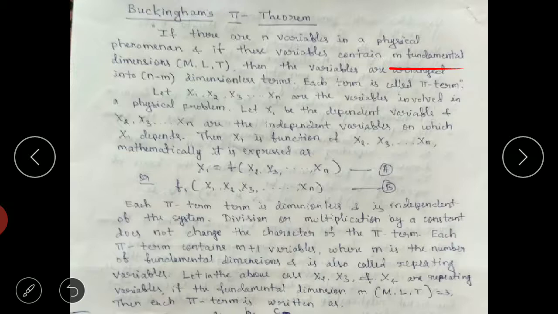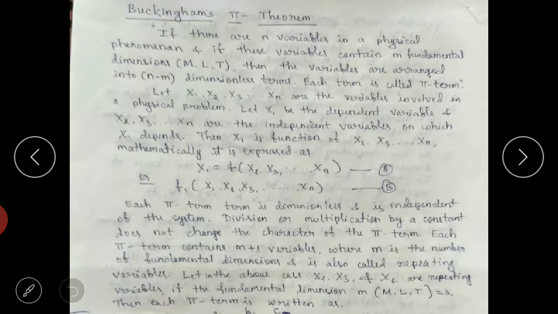If the problem is of thermal type where a temperature term is involved, a fourth parameter comes into the picture, which is theta: MLT theta. But for the subject fluid mechanics, there are only problems based on MLT, three fundamental dimensions. As far as this subject is concerned, fundamental dimensions are always only three.